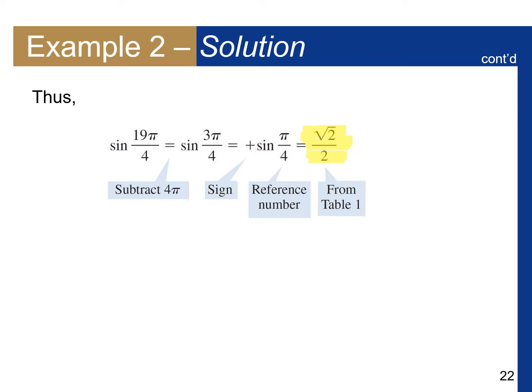Again, the reference number is my distance from my x-axis. If I come around to 3 pi over 4, I'm going to then go from my x-axis to here. That's how I'm getting pi over 4. And my sine value is my y, so it is positive.